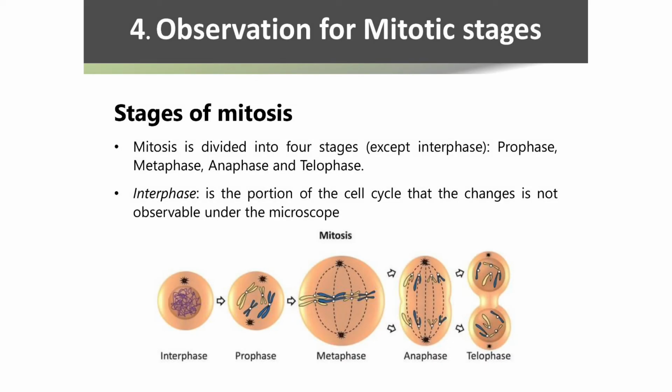Before checking the pictures of mitotic stages from onion root tips under the microscope: this slide shows interphase and 4 stages of mitosis. Mitosis is divided into 4 stages, not including interphase. They are prophase, metaphase, anaphase, and telophase.